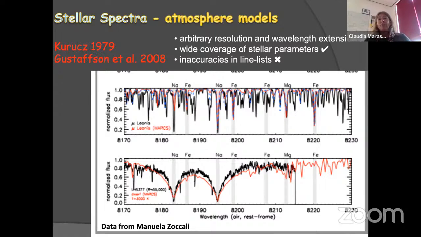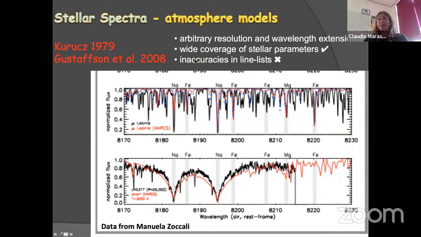To adopt a full theoretical framework of model spectra from model atmospheres, and these two references are among the most widely used, but actually, giving a talk in Brazil, I should really mention the paper by Paula Coelho and collaborators, which is also inserted in this type of model atmosphere. These spectra have arbitrary resolution and wavelength coverage, any stellar parameter, and they are very flexible because they are built in the computer.